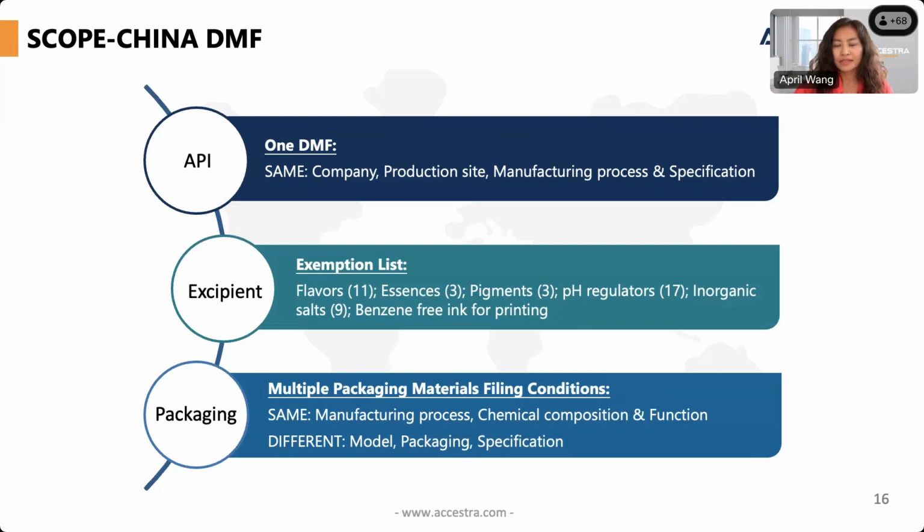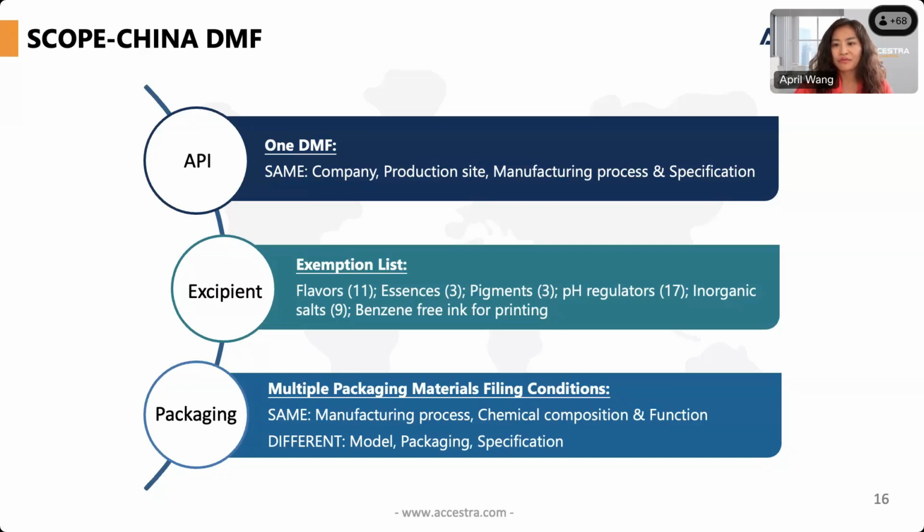For excipients in China, there is an exemption list which includes, for example, flavors, essence, pigments, and others. For multiple packaging products, make sure you know how many DMFs you need to file, since one product may consist of multiple packaging components made of different materials.